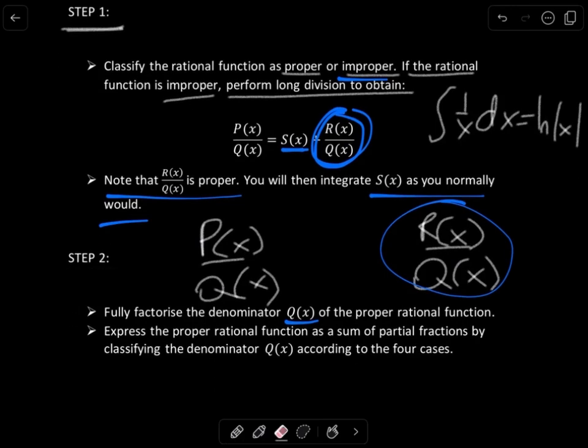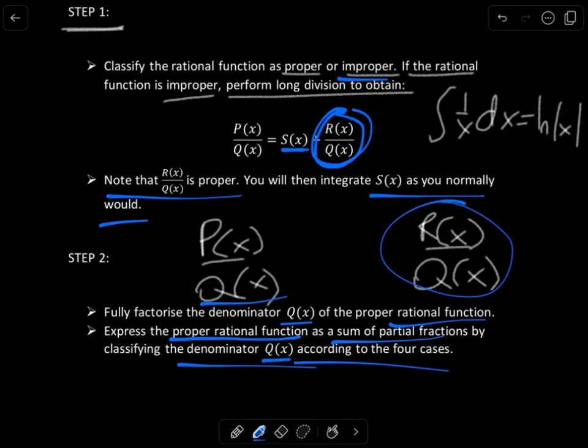And this is the q of x that I'm talking about in either one of these cases. So you're going to fully factorize q of x of the proper rational function. Then you're going to express the proper rational function as a sum of partial fractions by classifying the denominator q of x according to the 4 cases.